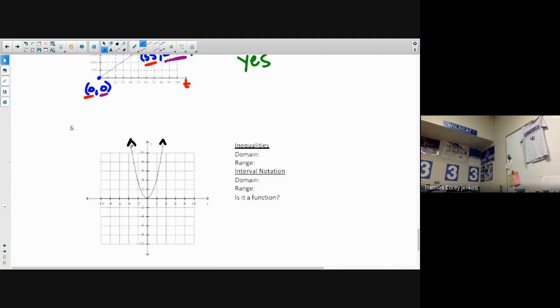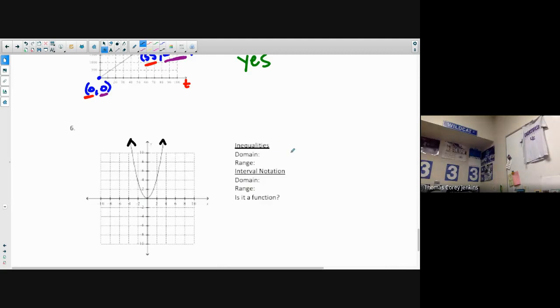Well, if that arrow is pointing to the northwest and that one's pointing to the northeast, right? It can go west forever and east forever. So there is no restriction there. So our domain would be all real numbers. So you could just say all real numbers.